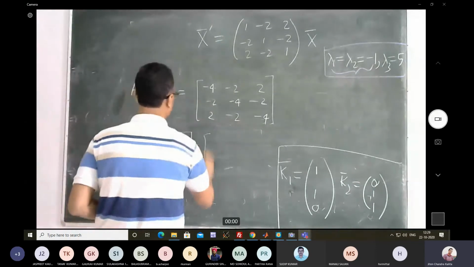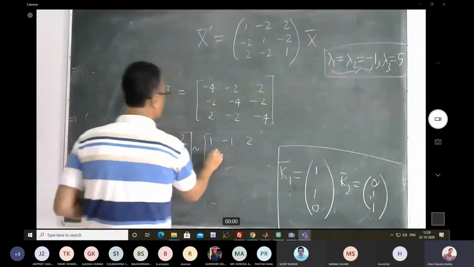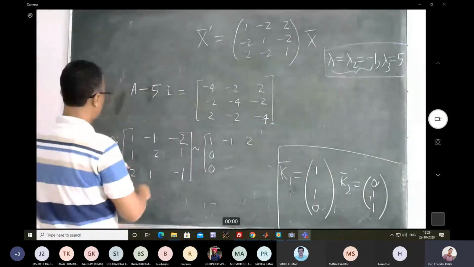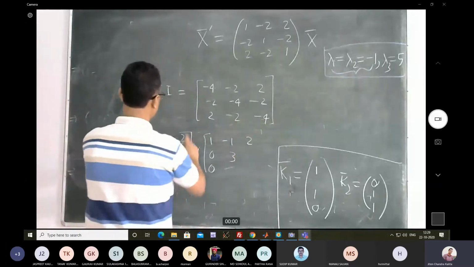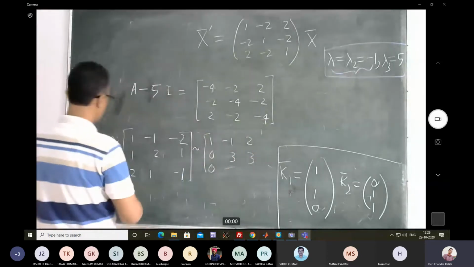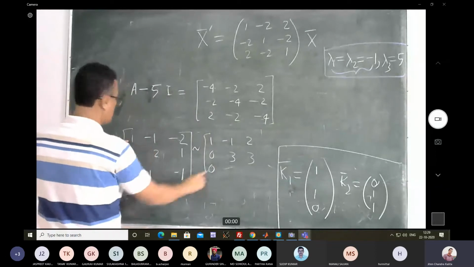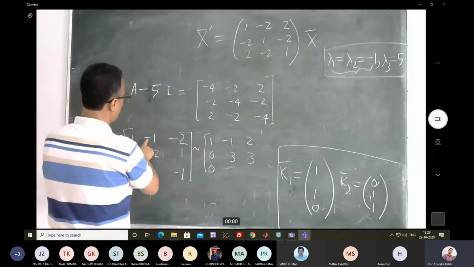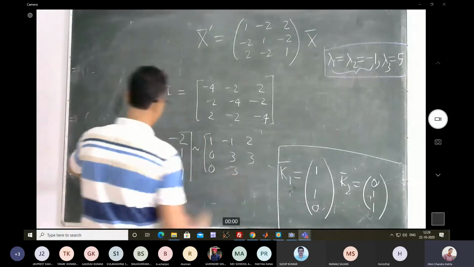So this is going to be 1 -1 2 0 0. Basically this minus this, so this is going to be 3. This is also going to be 3. Then this minus 2 into this, so this becomes 0. -2 into -1 is 2, 1 plus 2, this is 3.